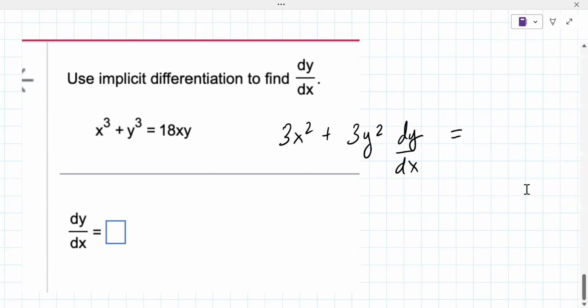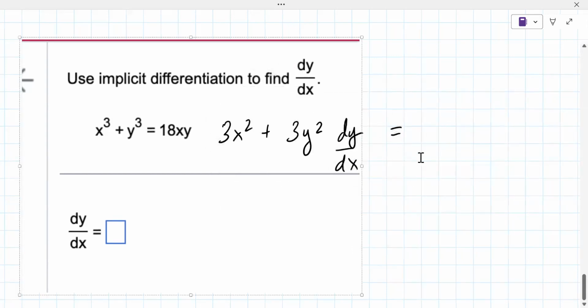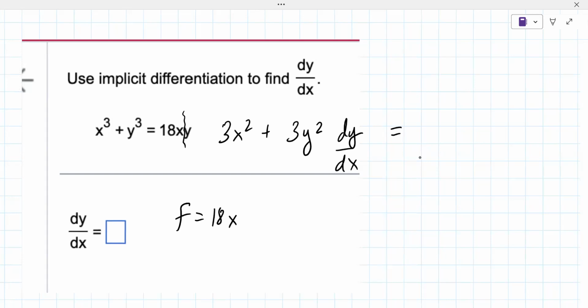Yeah. Now on the right, it's a little bit more complicated because it's product rule. So let me just write it out. Let me do this off to the side. So f is 18x, g is y. So the derivative of f is 18.